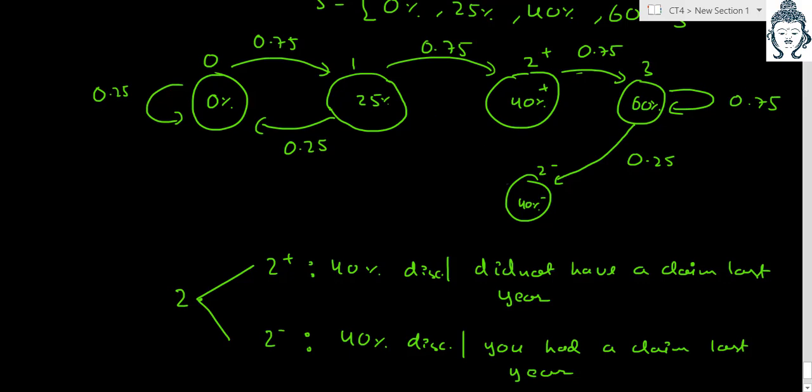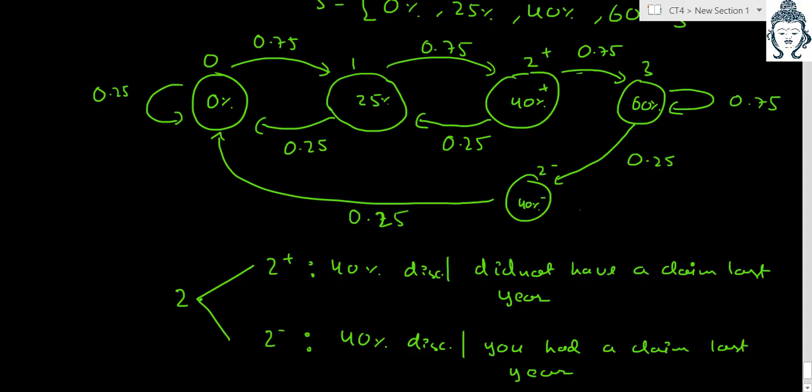And let's see the remaining probabilities. If I'm at the 40% level, that is, I did not have a claim last year, and if I have a claim this year, I'll move down one level, that is with a probability of 0.25. And if I do not have a claim, I'll move to 60%. Also with 40% minus, if I have a claim, I'll move down 2 levels, that is to 0%, with a probability of 0.25.